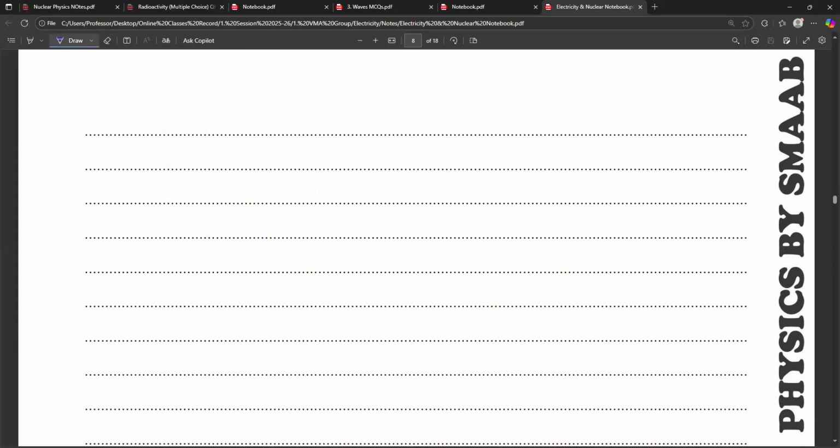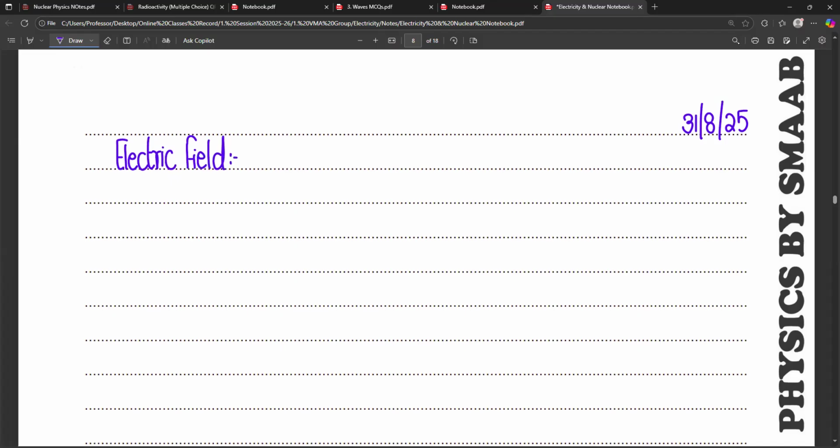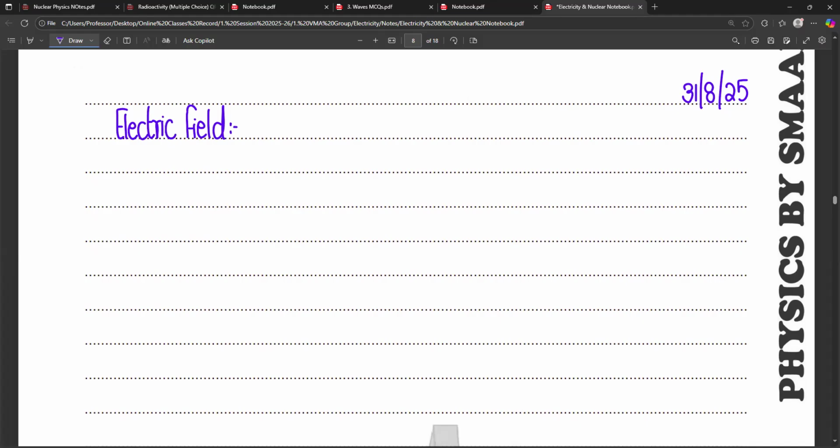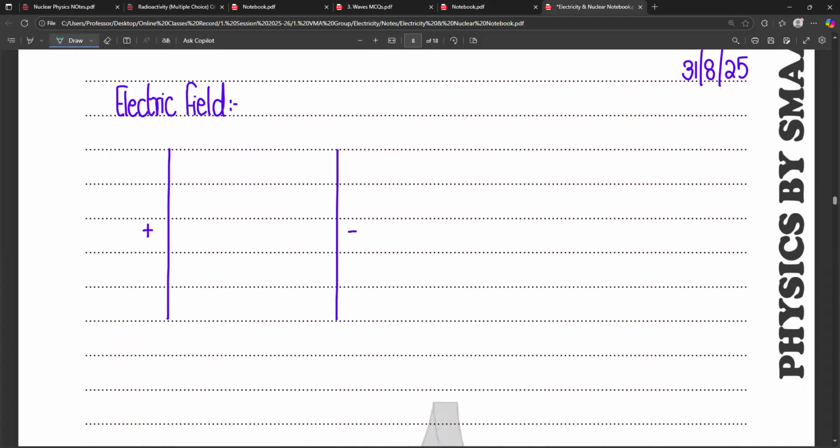So let's suppose if we have electric field, so let's suppose we have two plates parallel to each other, and one side if we consider positively charged plate and the other side is negatively charged plate, and if we consider a source, let's suppose this is a source of radioactive material, and from this source all the three type of radiations are coming out, alpha, beta, and gamma.